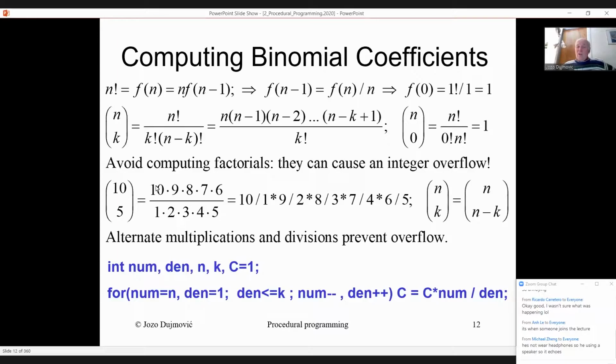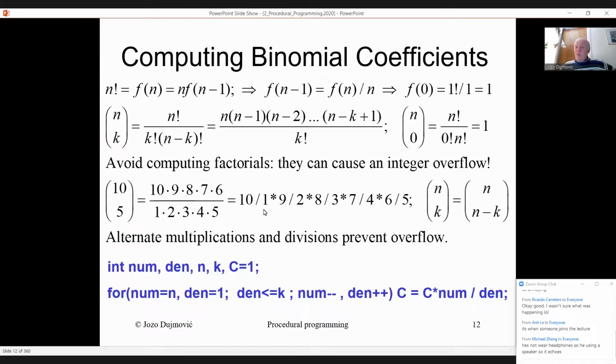But if you go zigzag, take this value, divide by 2, multiply by 9, divide by 3, multiply by 8, divide by 4, etc., then you keep this value small in the sense that 10 and 2 cancel. 9 and 3 cancel, so this is 3 times 3. So it is going to be cancelled.